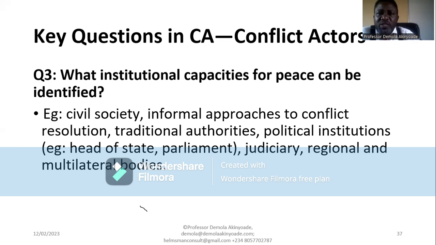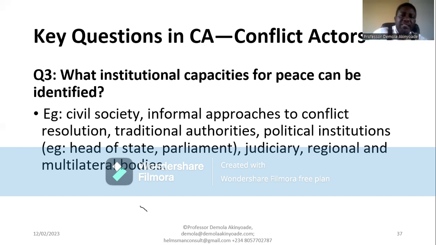The fact that they have the same religion, and they respect a particular religious leader, that relationship with the bishop is a local capacity for peace. It's something we can use to bring about peace between these two people. And we can begin to use Okowa to talk to Atiku.